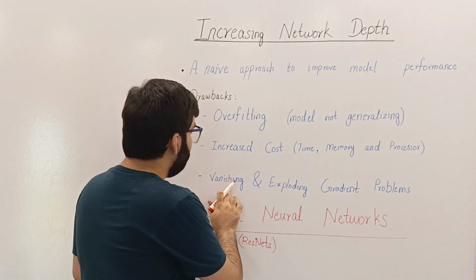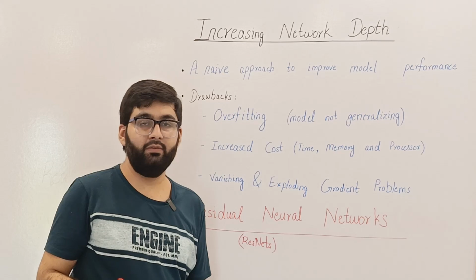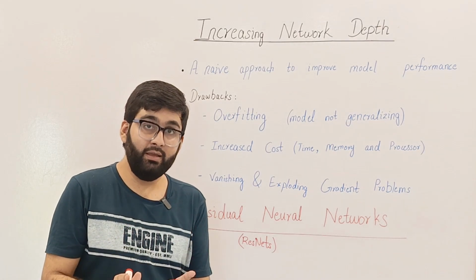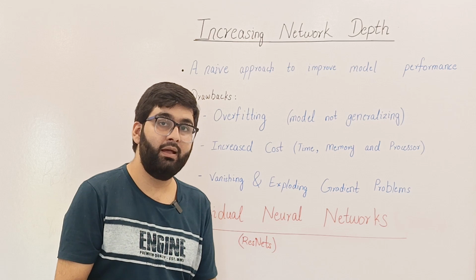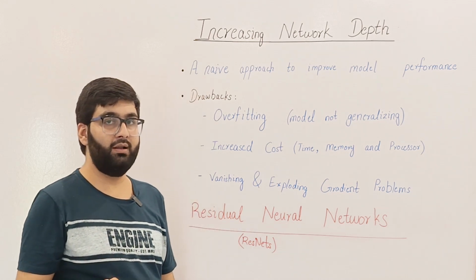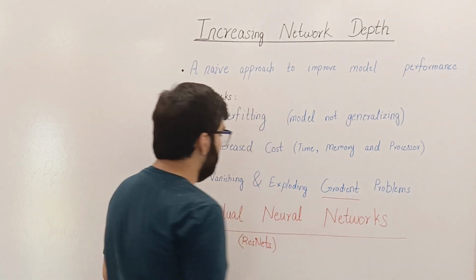Thirdly, it leads to the famous vanishing and exploding gradient problems. To understand this, essentially, training a model is simply updating the weights of the model. The weights of the model are updated with the help of gradients.